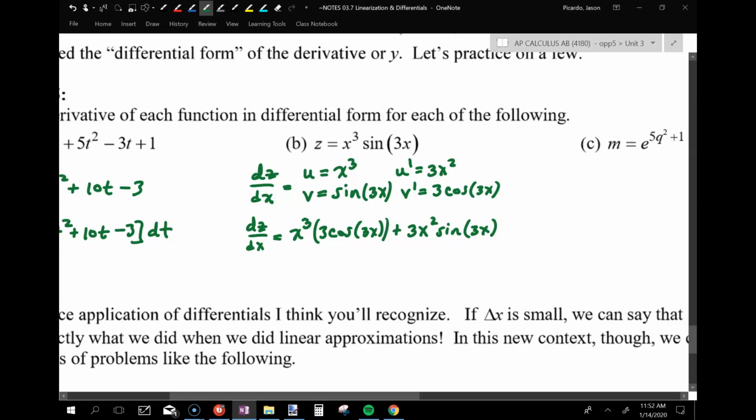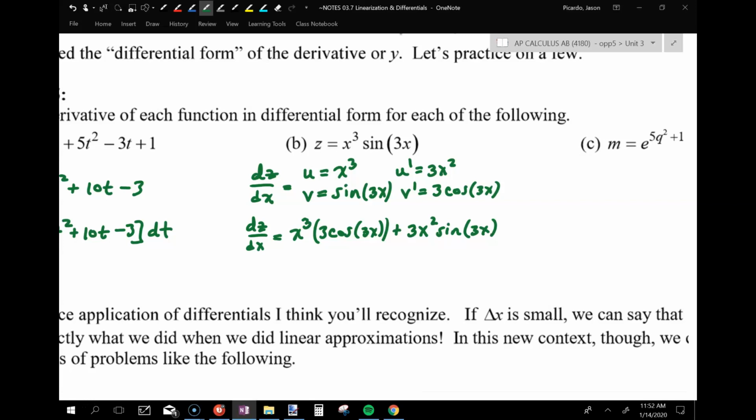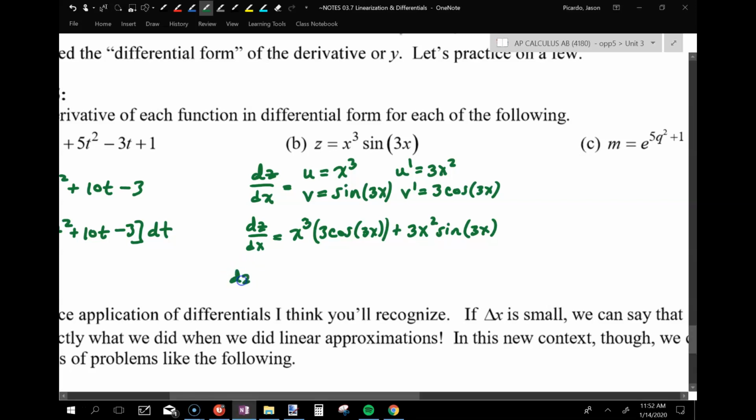So I did all that to impressively show you how much you remember about the chain rule and the product rule. But what could I do if I really wanted to? I could really rewrite it like this. I'm going to make it a little nicer.